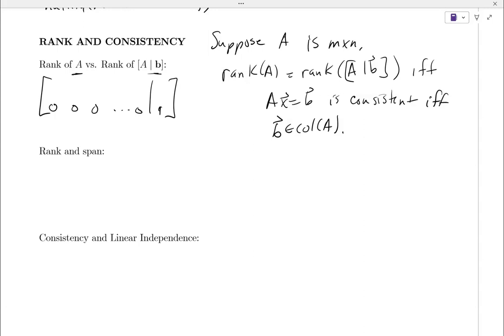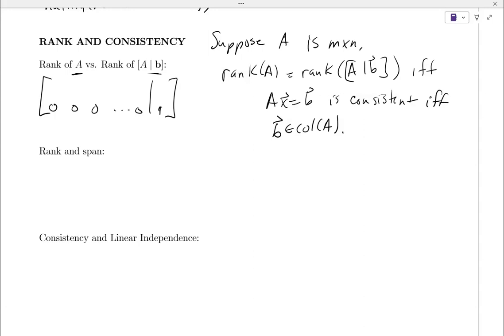That was how we found the vectors that formed a linearly independent set. If I put a pivot in this column, I would pick that vector to be one of the linearly independent ones in my set. Linearly independent means it doesn't depend on the others. It can't be written as a linear combination of the others, which means it can't be consistent. So tying that back to that idea as well.